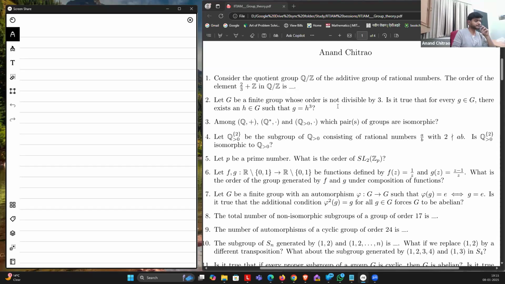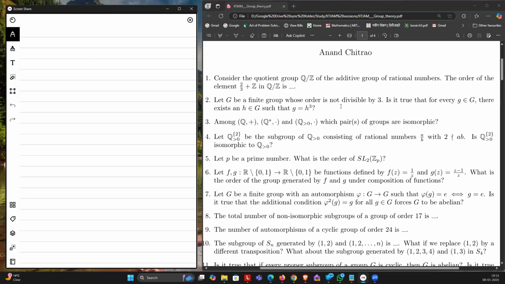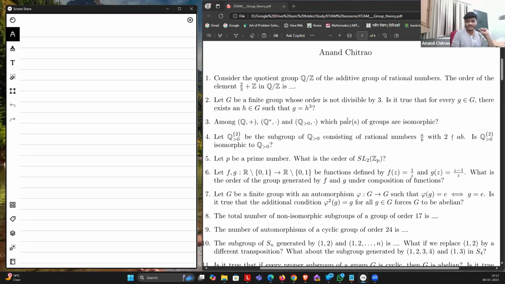So, what's the answer? Why? Sir, h is a non-identity element? Well, no, it's not said in the question, right? So we can take identity.